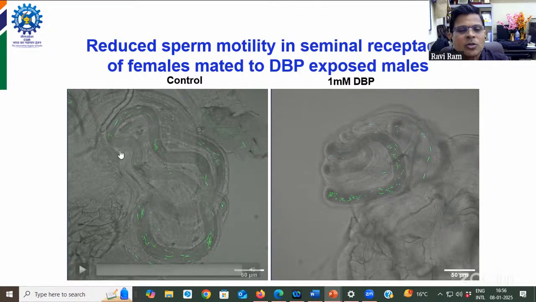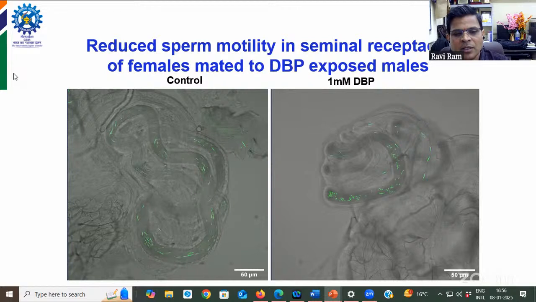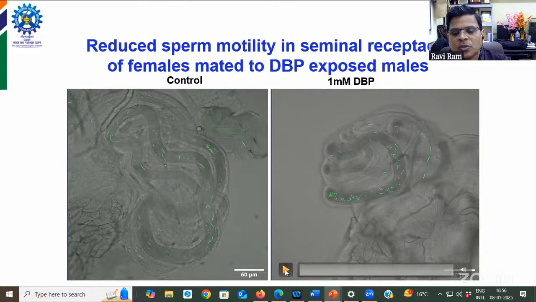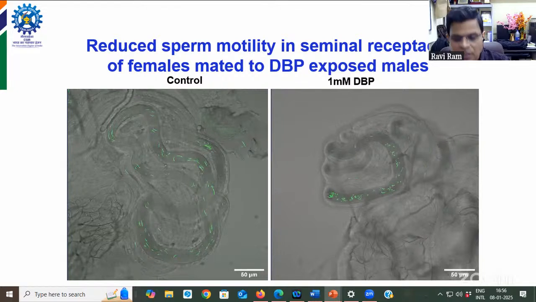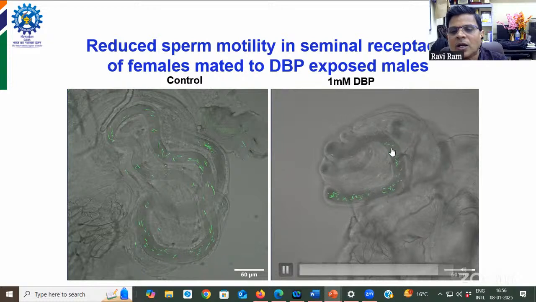So in controls, as you had seen earlier, you will see this movement pretty well because everything is normal here. They're not exposed to the chemical. Whereas in the chemical exposed ones, you see some of the sperm moving pretty well, just like controls. But look at this particular line, they're all clumped together and they're moving together pretty slowly.